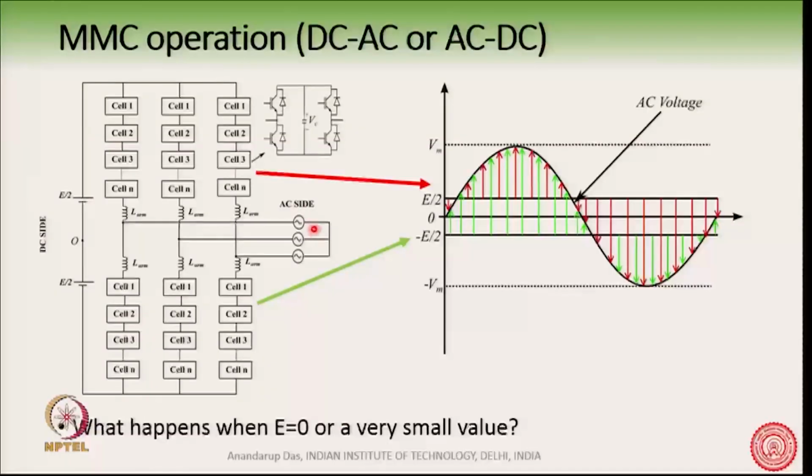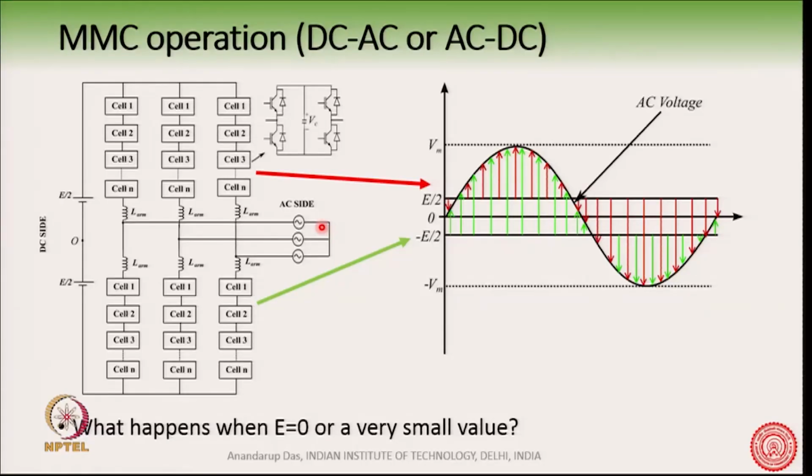So, the grid is available, there is a short circuit here, the AC side is available, and the arm voltages are able to sustain this condition by generating an AC voltage here. This AC voltage generated by the arm is like a back EMF to the AC grid, and it prevents the very high rate of rise of current during this short circuit condition.